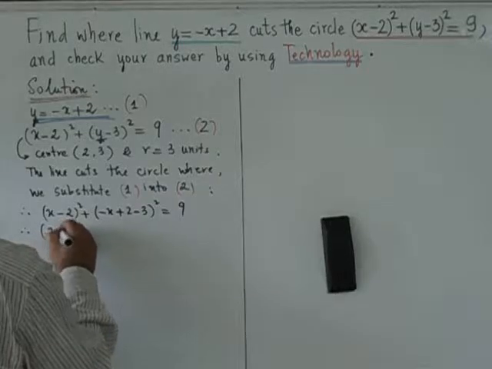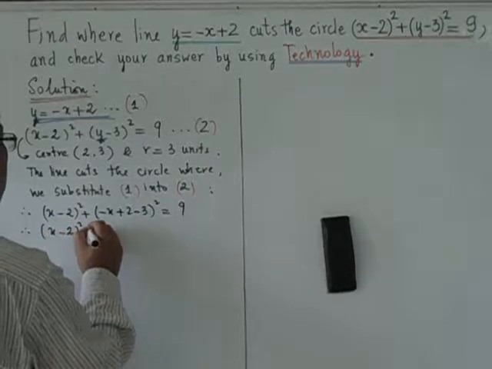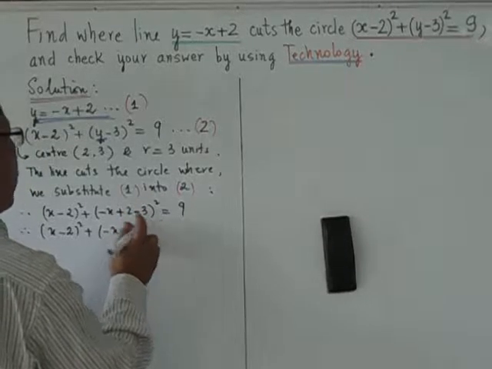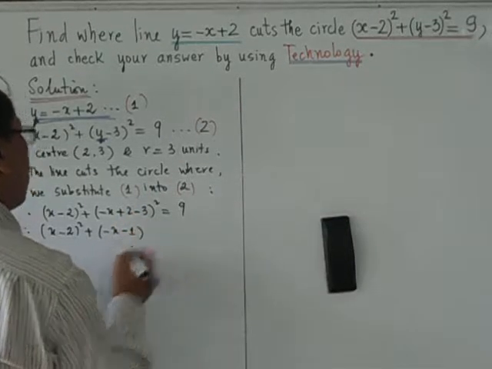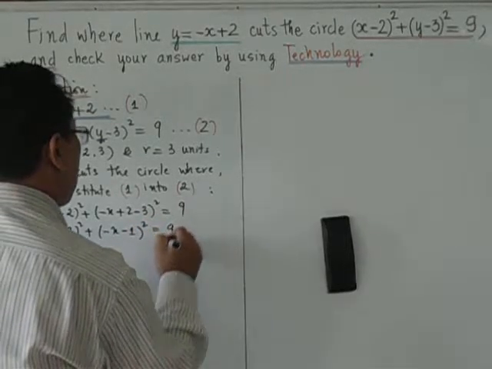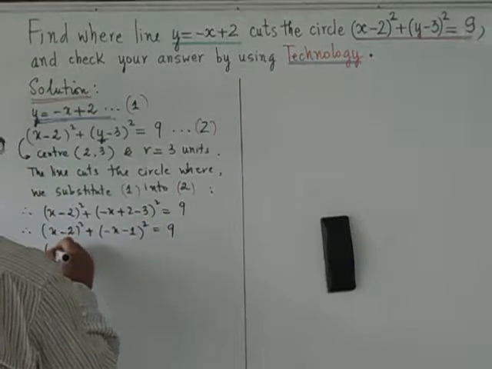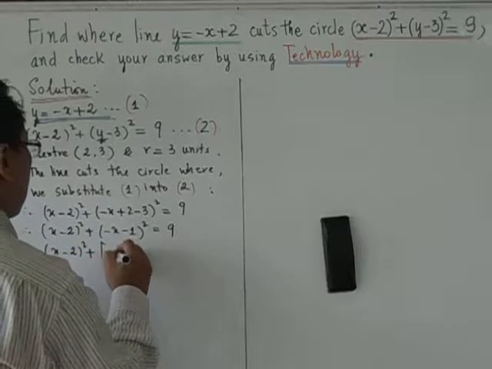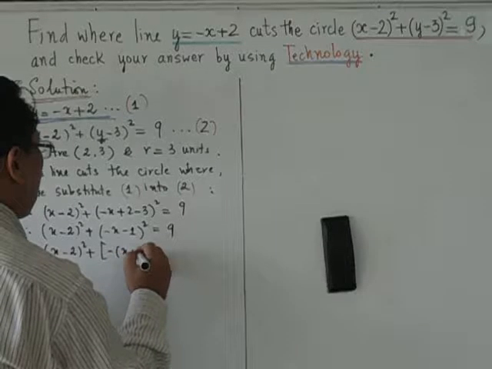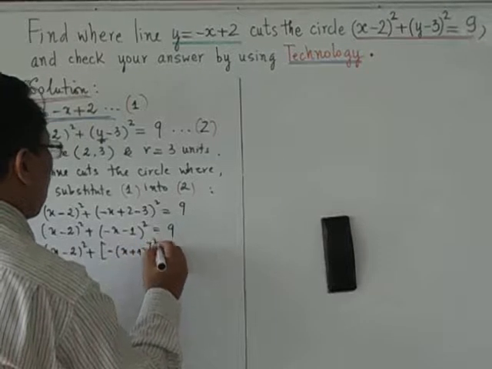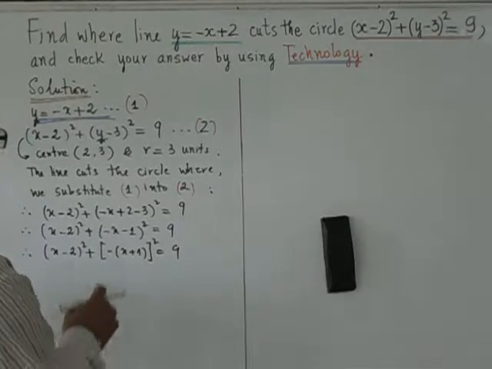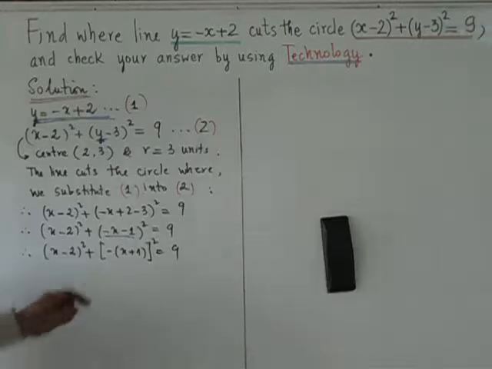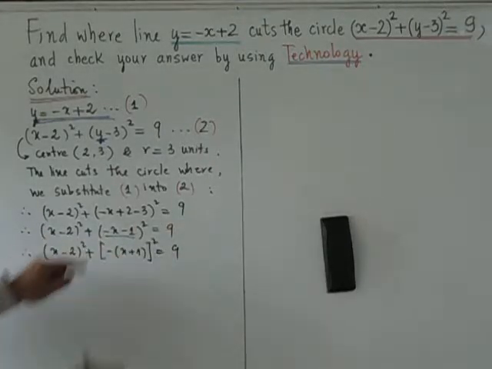So we have (x minus 2) power 2 plus (minus x plus 2 minus 3), which gives us minus 1. So at this stage, we take the minus sign out.